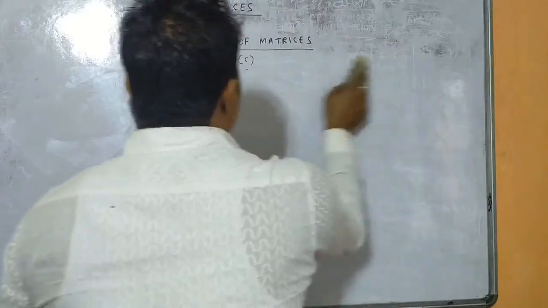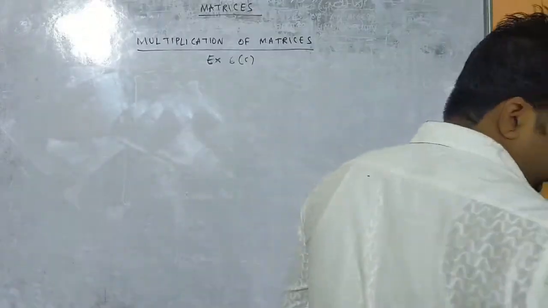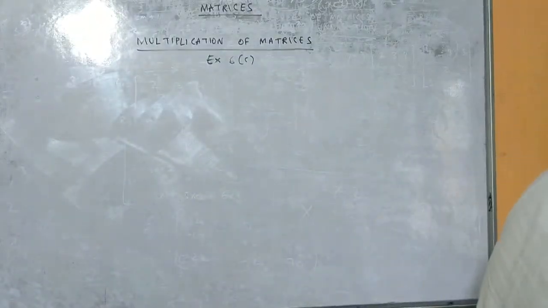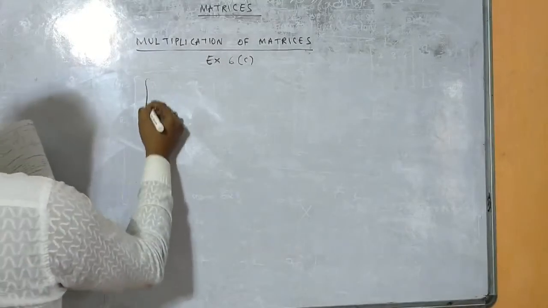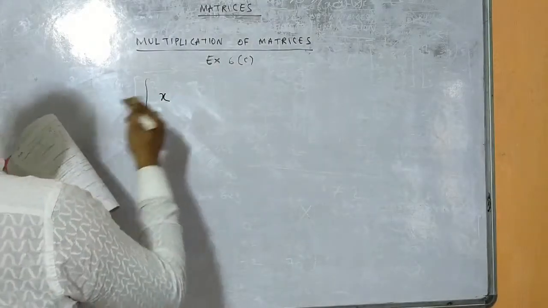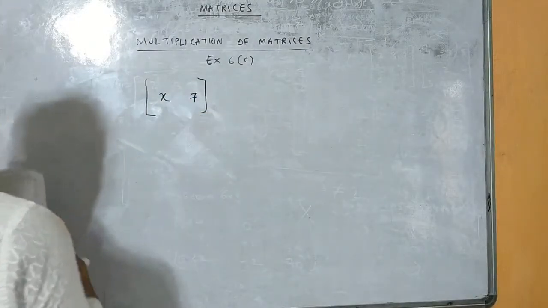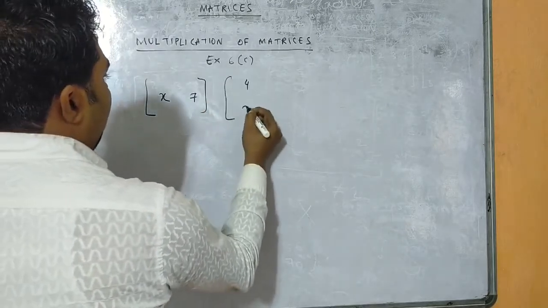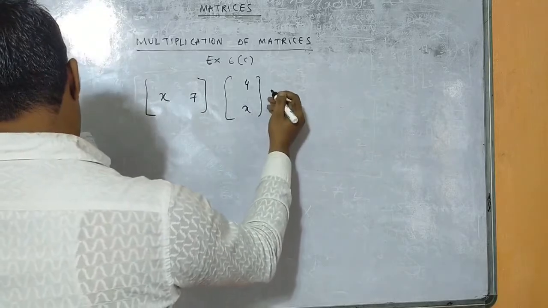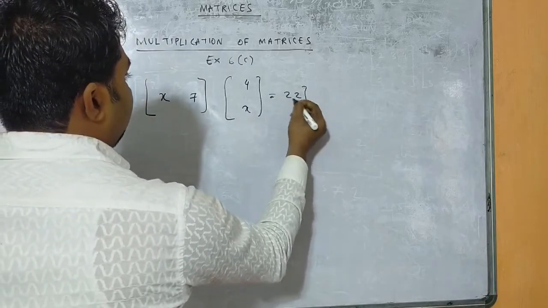In the next question, we'll see how to get the value of x. So in order to get the value of x, you see we have one question here. Find the value of x, x 7, and here we have 4x equals to 22.